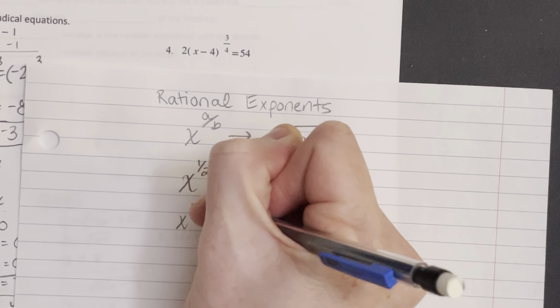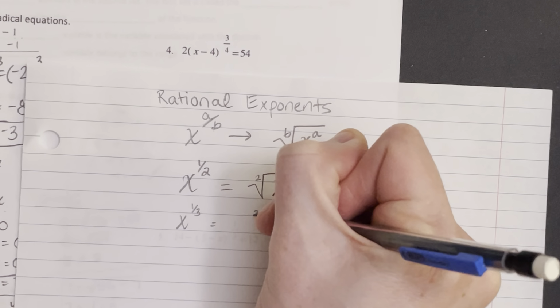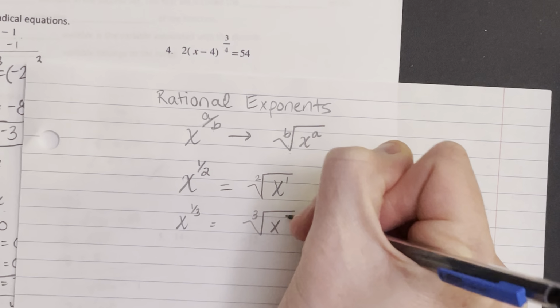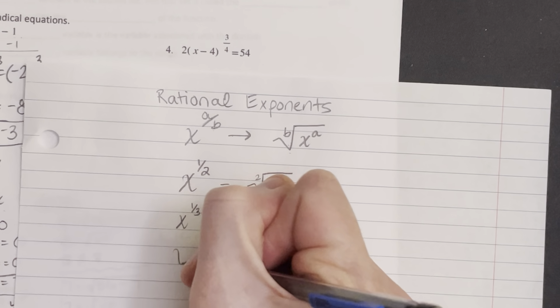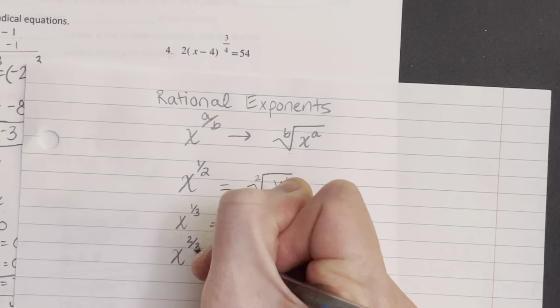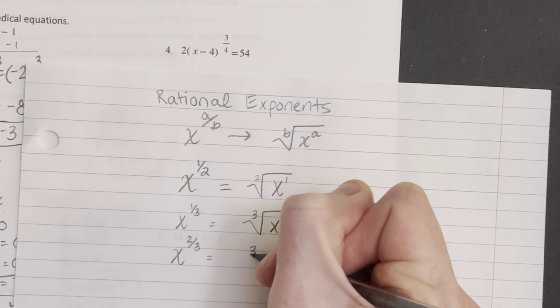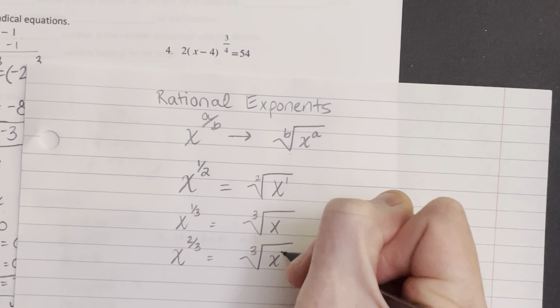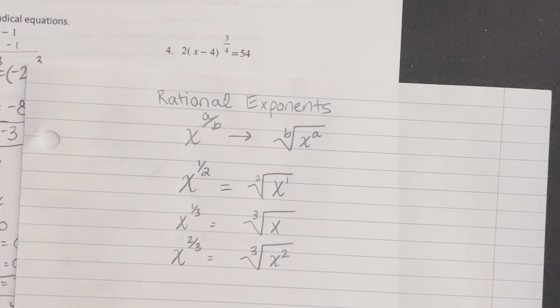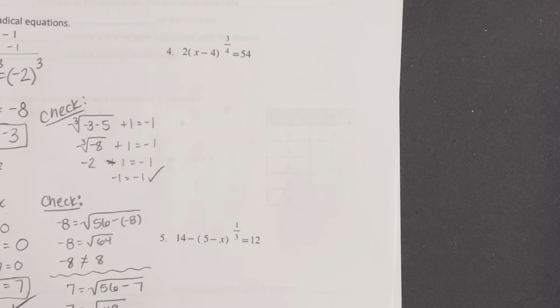X to the 1/3 power would mean I'm taking the cube root of x to the first. If I had x to the 2/3 power, this would be the cube root of x squared. So these rational exponents do create radicals. When I look at number 4, it is actually a radical equation.